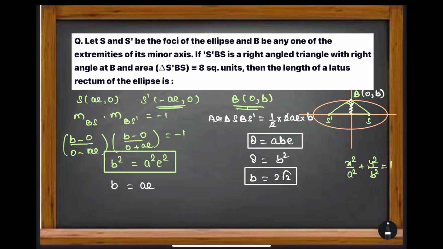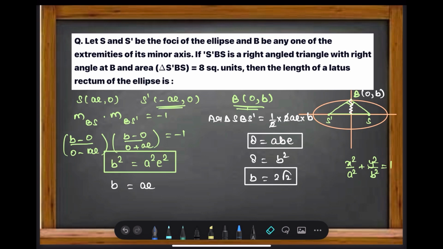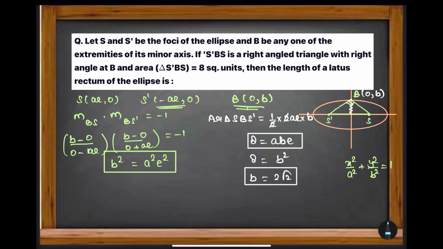Now we have to find a. You know that we have only these two equations, and we have three variables a, b and e. So we cannot solve this easily.